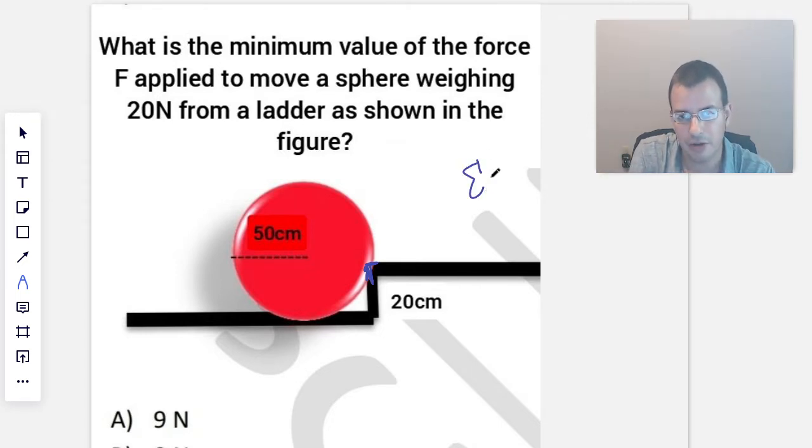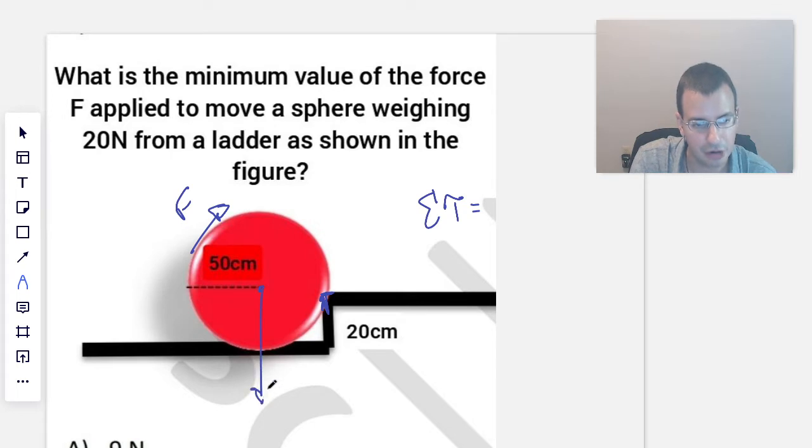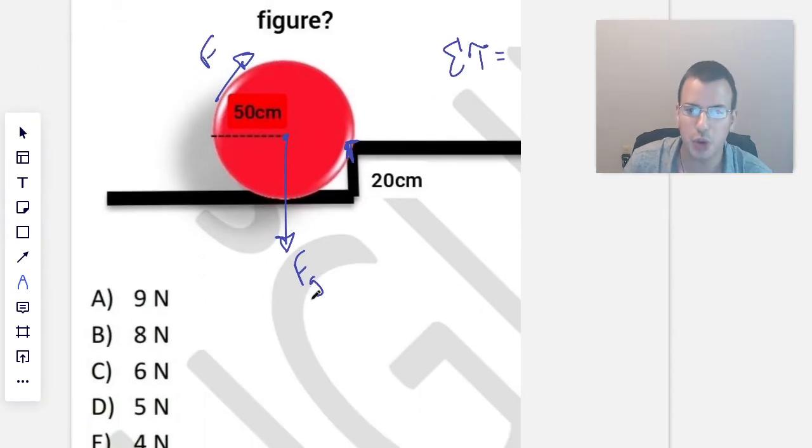I'm going to say the sum of all torques equals, and there's going to be some force. I'm just going to draw some random force here. Force pushing it. And then we're going to have another force. I'm going to call this force G for force gravity going down.